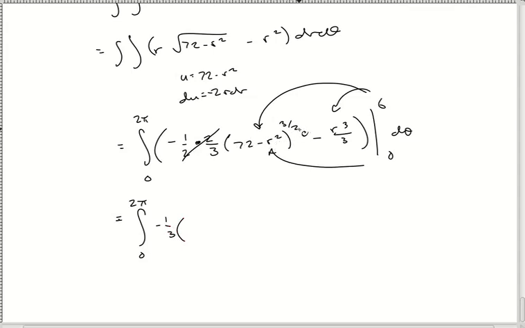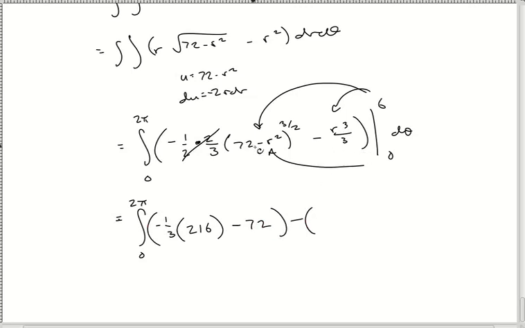The square root of 36 is 6, and then 6 cubed. 6 cubed is 216, yes. So 216. Plugging in the 6 over here, you can see that we're going to have 216 divided by 3 is 72, so minus 72. Okay, so that's all this stuff.